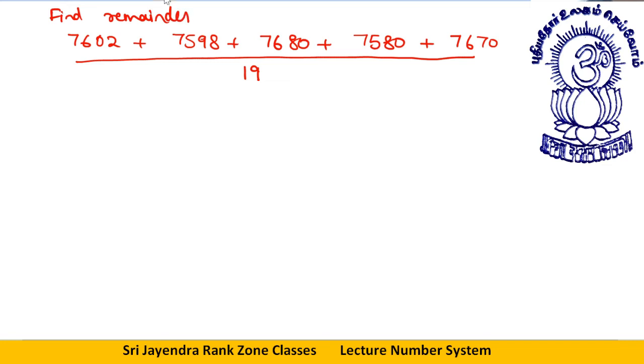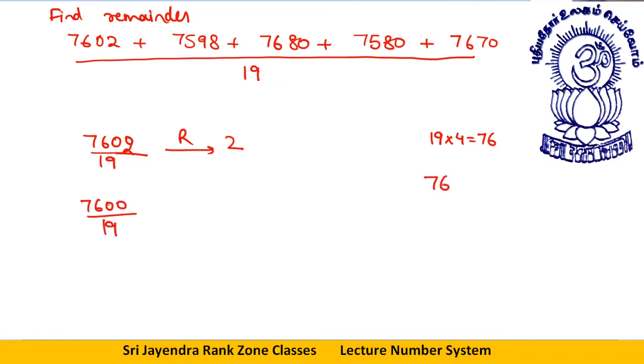Okay, dear students. How will I go about this? See, students, I won't keep on dividing each and everything. The only logic I know is 19 into 4 is 76. When 7600 is divided by 19, there is zero remainder. But if I add 2, it becomes 7602, so the remainder is 2. Clear? So 7602 is 7600 plus 2.